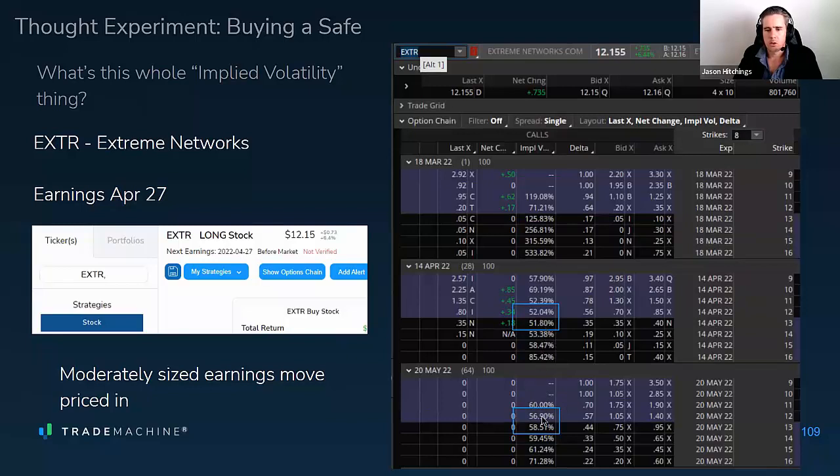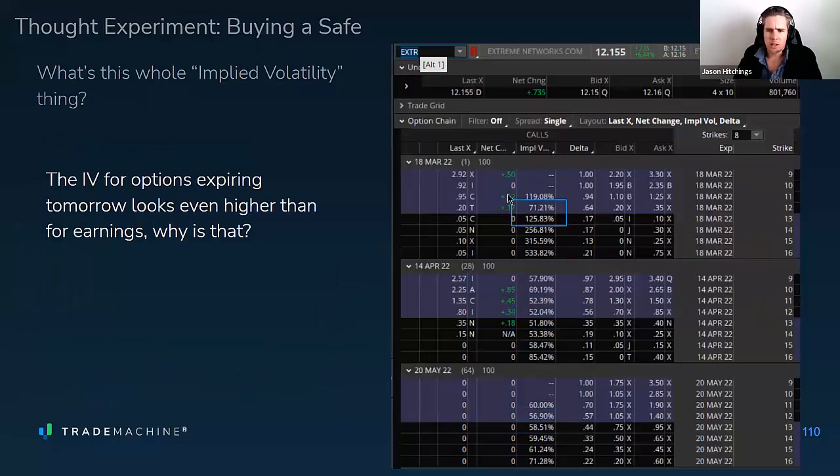And it's not completely accurate to say, well, it's expecting about a 4% annualized rate of movement between 14 April and 20 May, but it's not too far off. I mean, it gives you an intuition about the kind of size of movement that the options world is expecting around the earnings event. It's not nothing. It's also not make or break for the company.